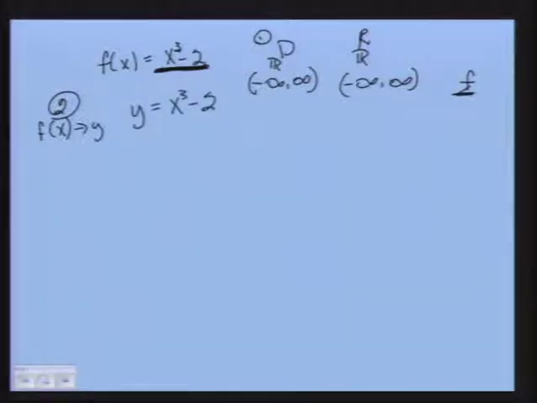But I have to remember that this y right here goes with f. And now I'm going to switch my x's and y's. So x equals y cubed minus 2. Now this new y is the y of f inverse, just like this y was the y of f.